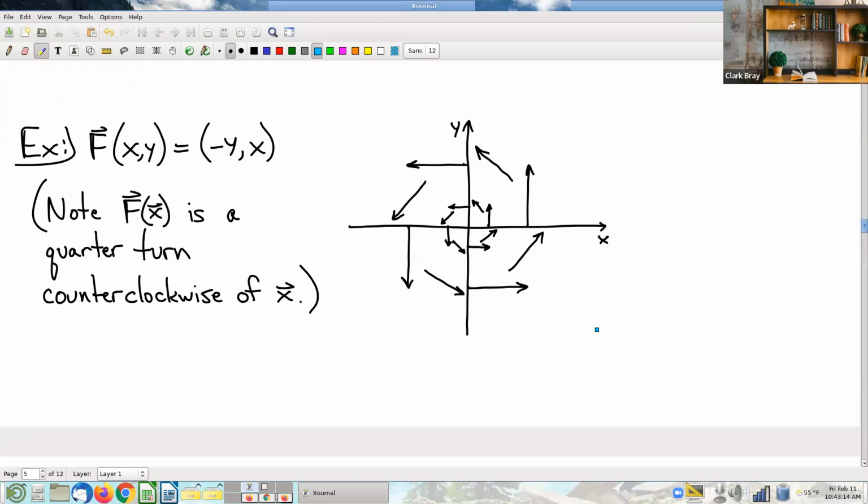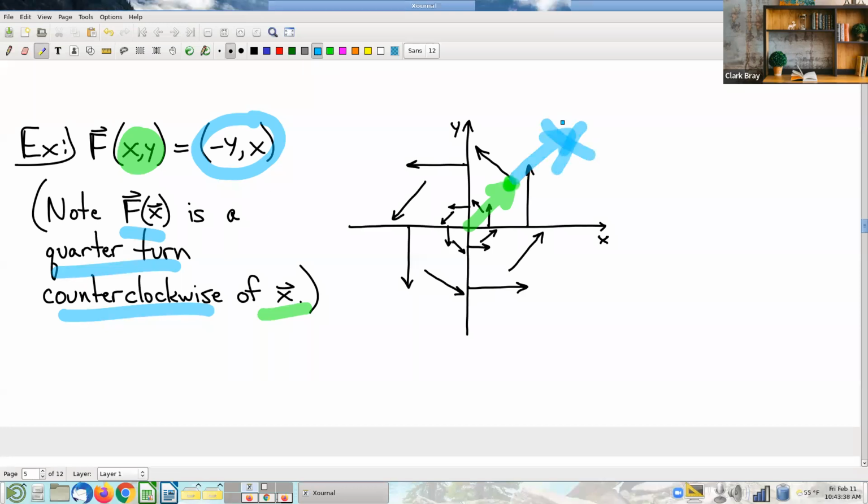What's nice about this vector field is the position, thought of as a position vector, and the field vector being a quarter turn counterclockwise of that position vector. It is then not that, but a quarter turn counterclockwise. It's that vector.